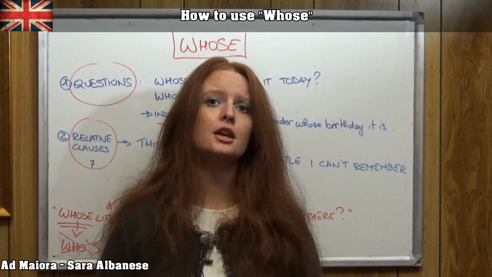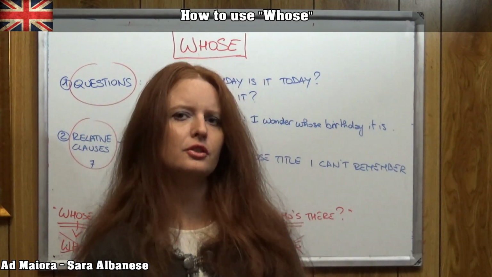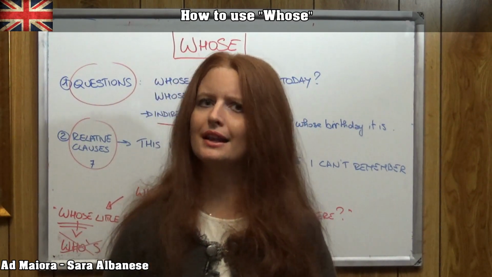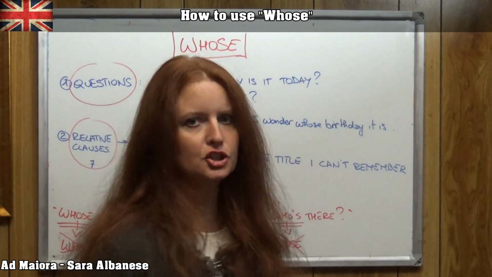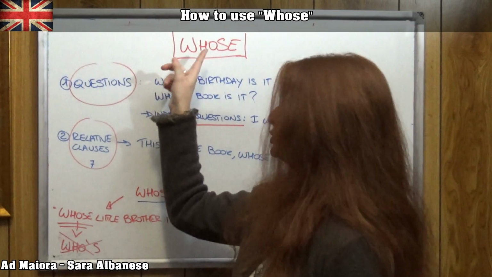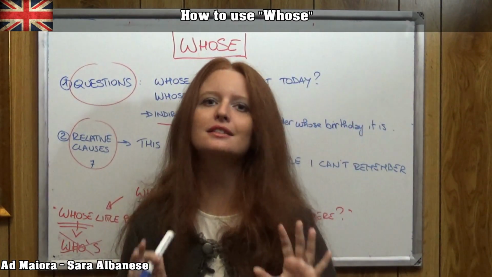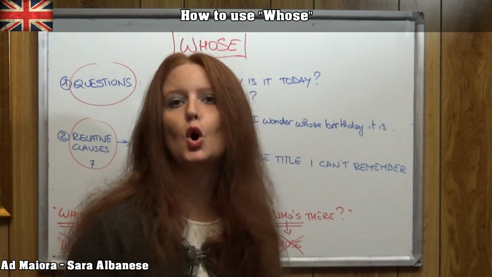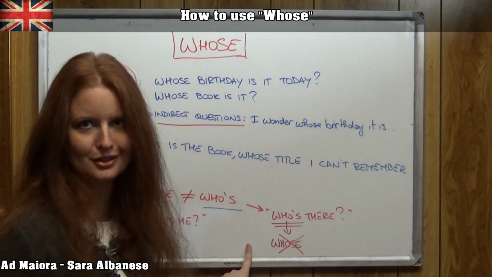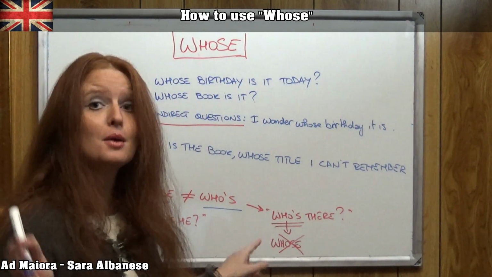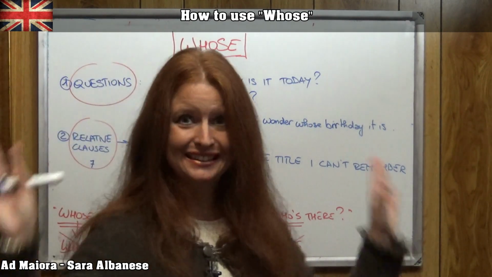Just one more thing, you have to be a little careful about the spelling, okay? Pay attention, because the pronunciation of whose, this whose here, is almost the same as who's, this who's here, who is. But they are completely different.